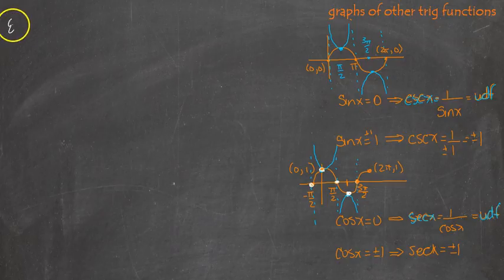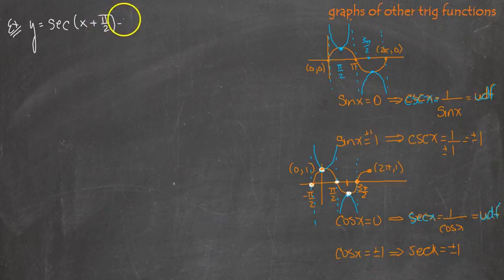Let's do an example. Let's graph y equals secant of x plus pi over 2, minus 3. And so what this says is I'm going to take the secant curve and all of its asymptotes and everything.